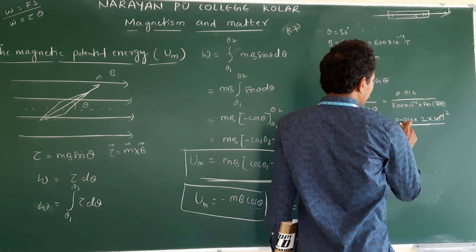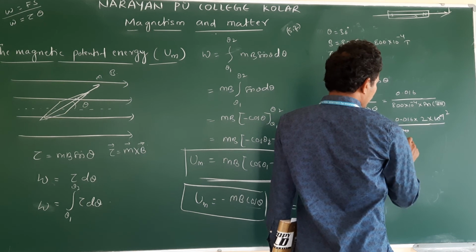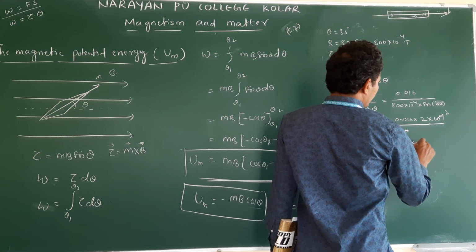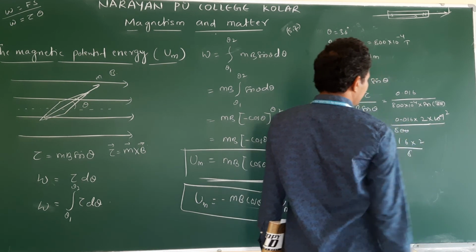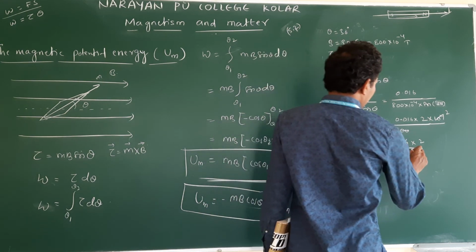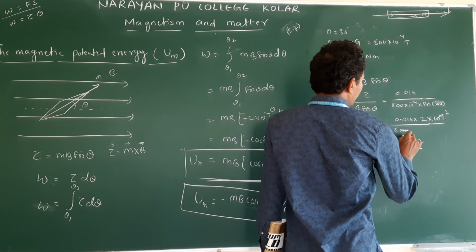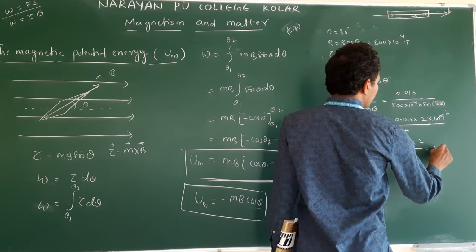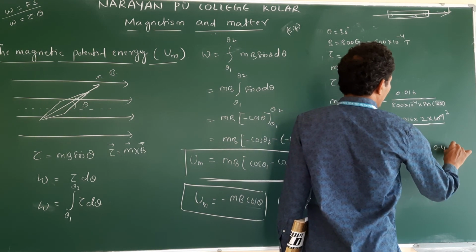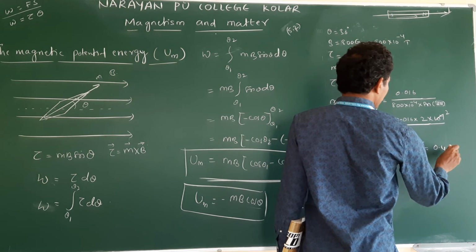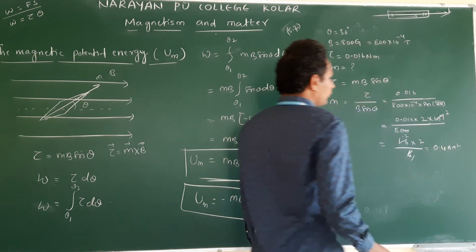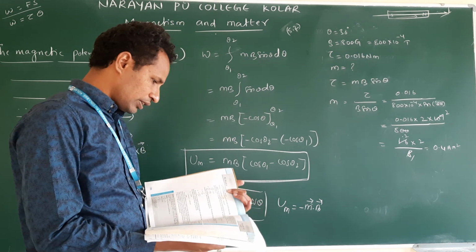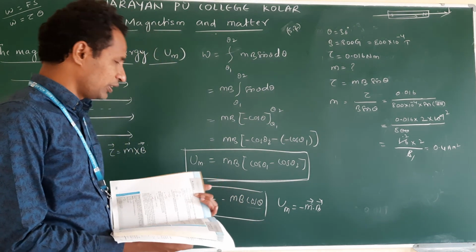Then 1.6 into 2 by 8 gives 0.4 ampere. What are they asking? Magnetic moment. So the unit is ampere meter square. Check it, 0.4 ampere meter square.